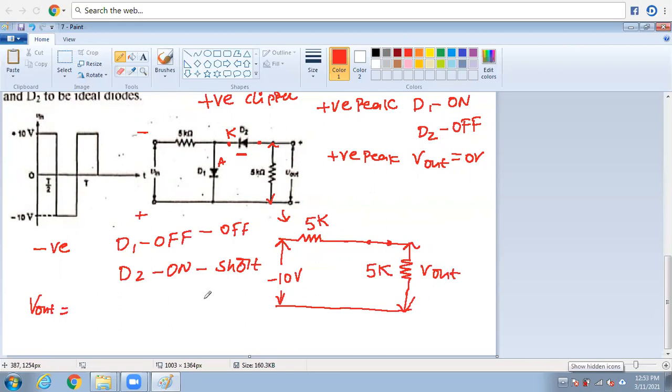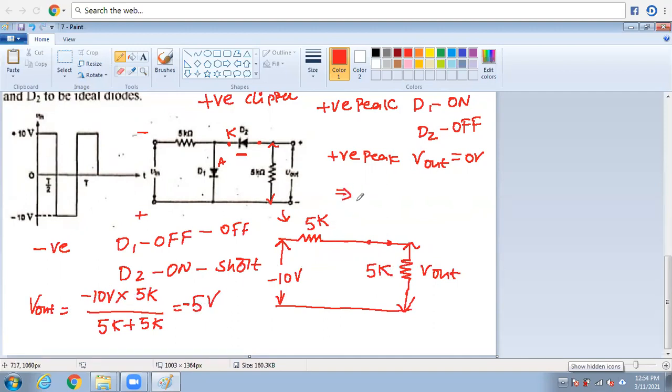V out equals the total input voltage, minus 10 volts, times the particular resistance, 5 kilo ohms, divided by the total resistance, 5 kilo ohms plus 5 kilo ohms. The kilo ohms cancel, 5 plus 5 is 10, so 10 cancels. The minus sign follows, so minus 5 volts.